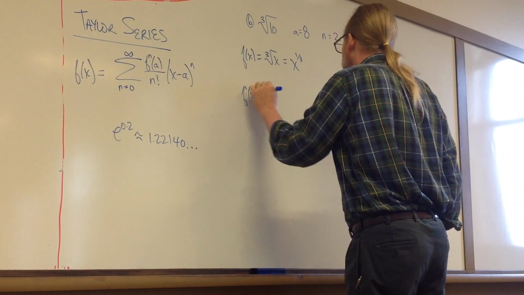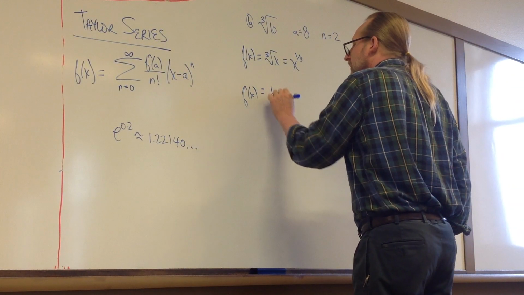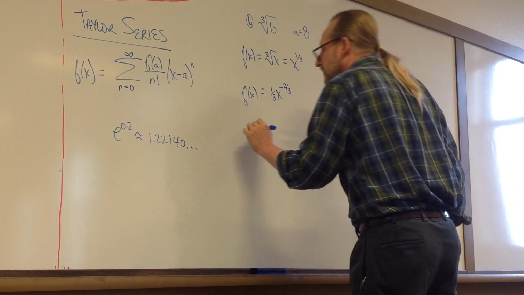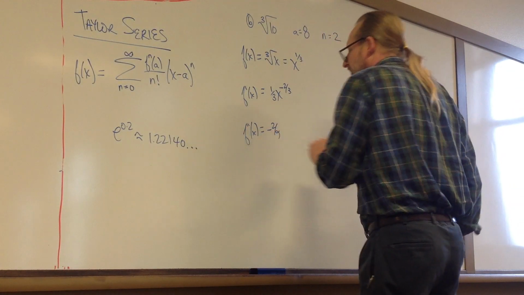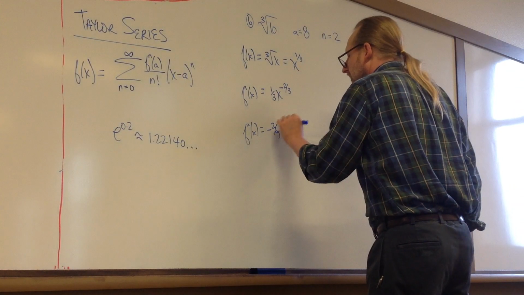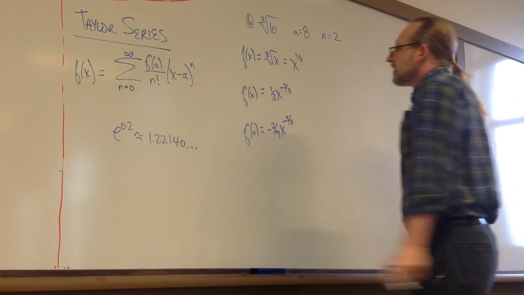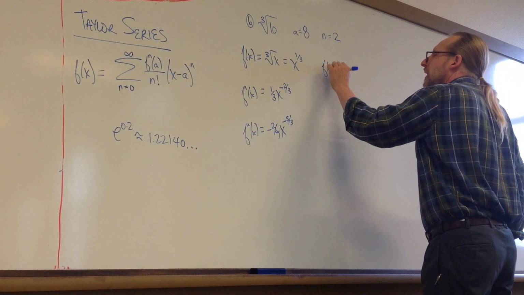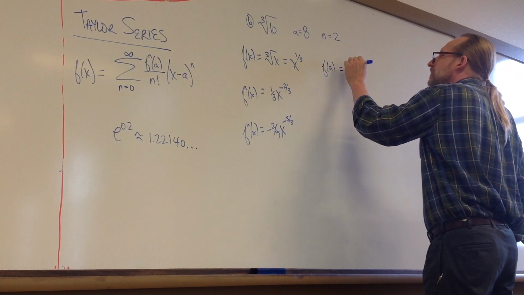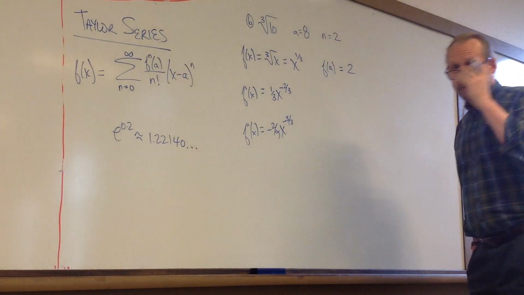So our first derivative, 1/3 x to the negative 2/3, and our second derivative, negative 2/9 x to the minus 5/3.